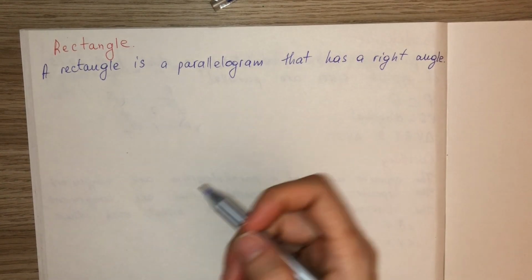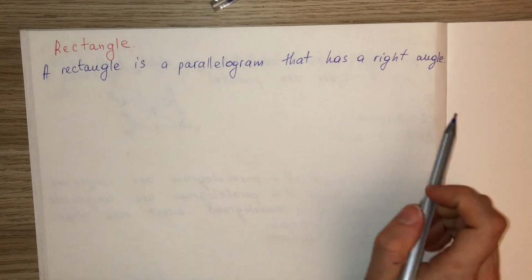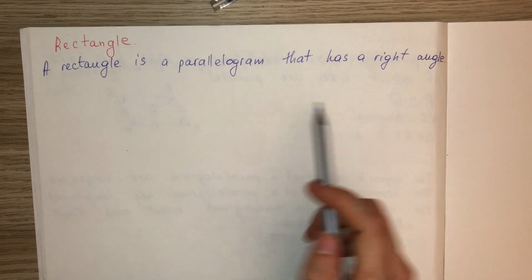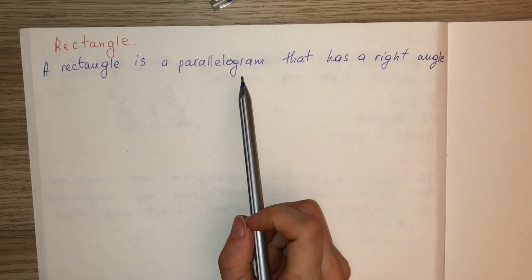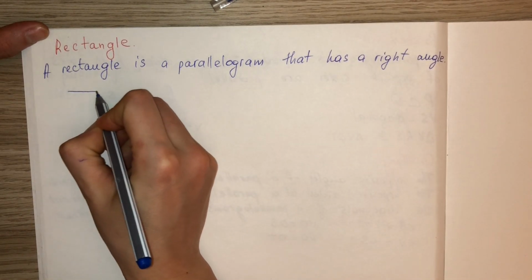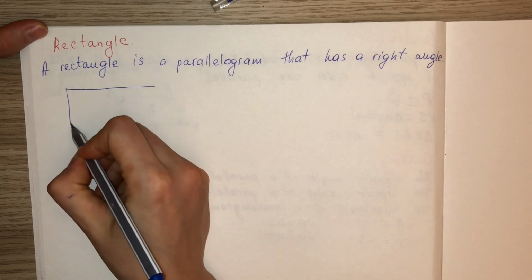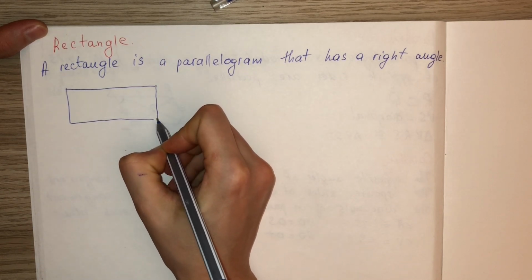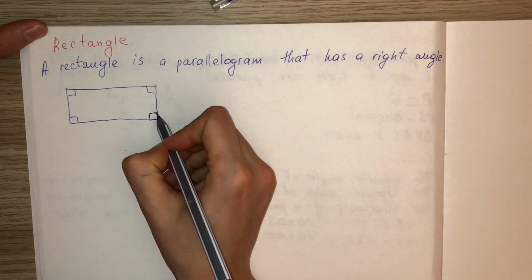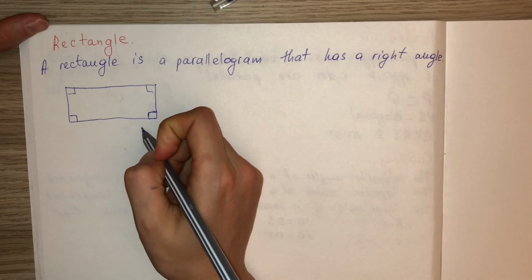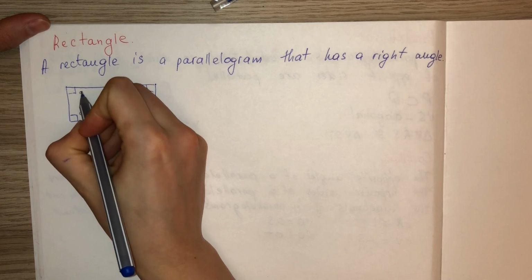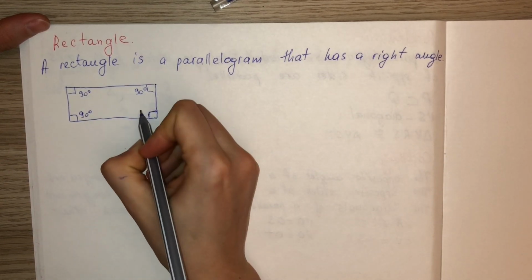Any reader who is familiar with the rectangle may be confused by the fact that the preceding definition calls for only one right angle, but now all the four angles of a rectangle are right angles. All angles of a rectangle are right angles. It means that they are equal to 90 degrees.